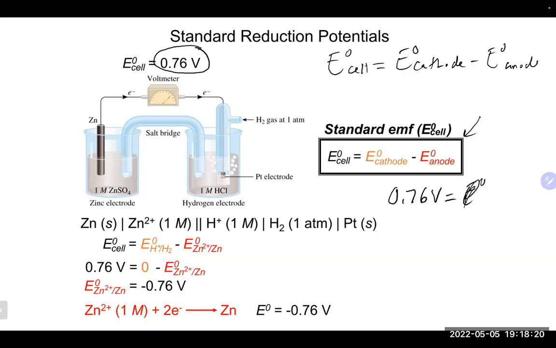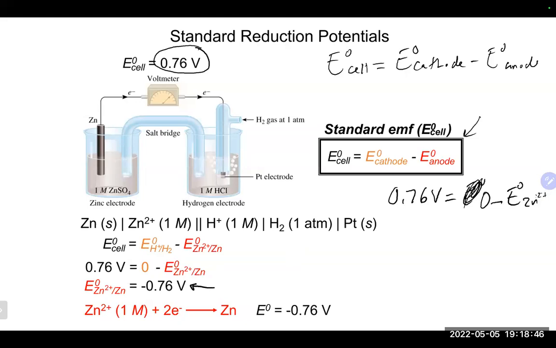So I should probably just write 0, minus the E of our zinc. Rearranging, bringing the zinc to the other side, then 0.76 to the other side, does give us a standard reduction potential for zinc of minus 0.76 volts.